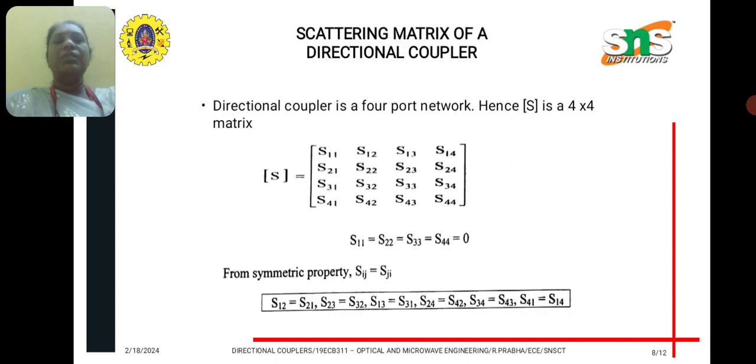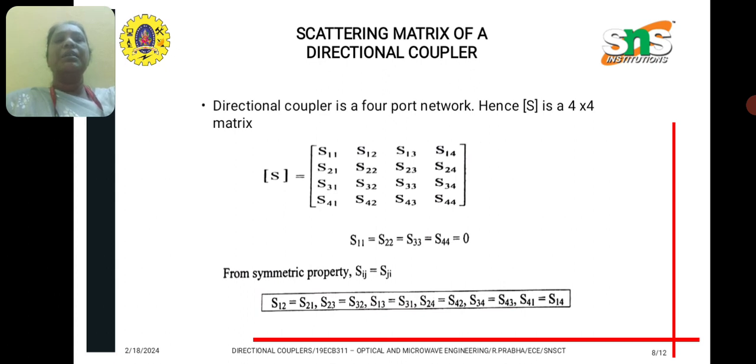And we know the directional coupler is a 4-port network, so its S matrix is a 4 cross 4 matrix. The S matrix consists of S11, S12, S13, S14 in the first row, and similarly up to S44.